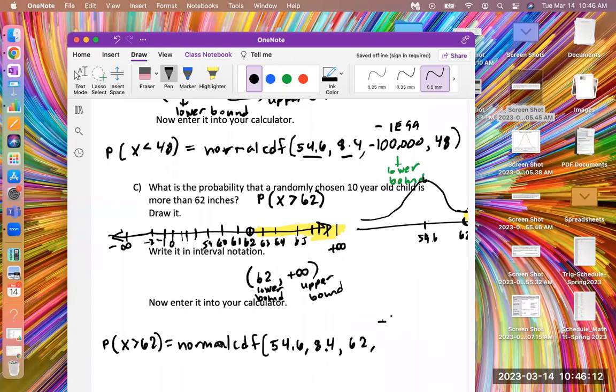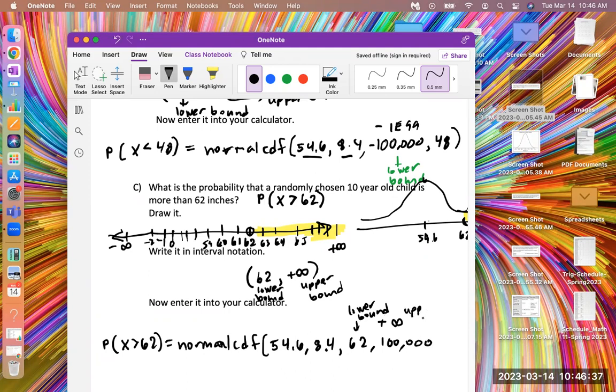The upper bound should really be positive infinity, but like we mentioned above, the calculators don't like infinity. So you could put positive 100,000. That's one way. This is the lower bound, and this is the upper bound.